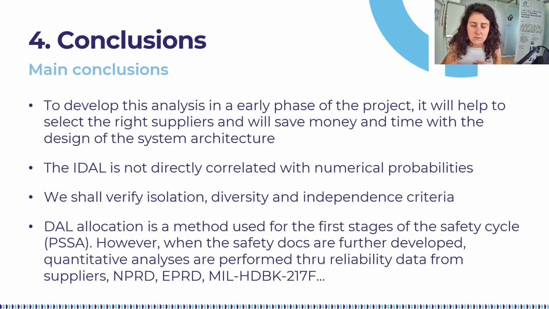These are two different methods to verify something, and you need to do both. It's not only one. Then, something a little bit more tricky is to verify isolation, diversity, and independence criteria. The independence criteria is tricky to demonstrate, and for software it is more tricky.